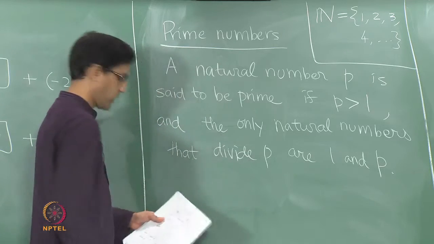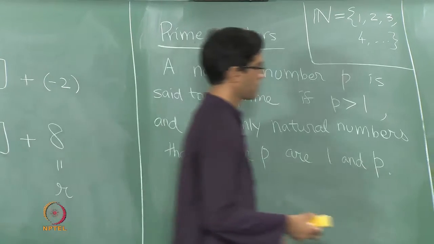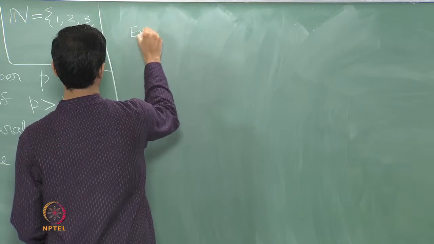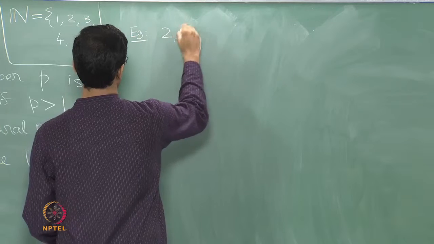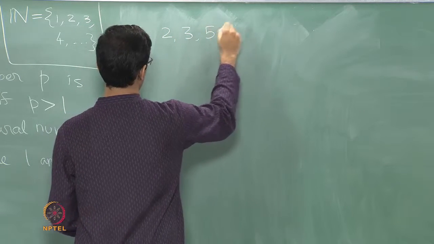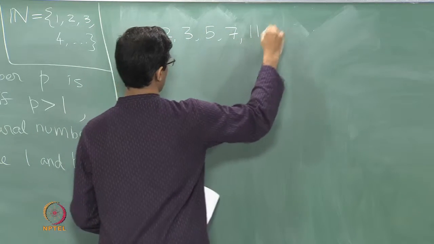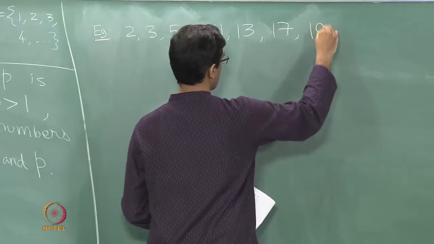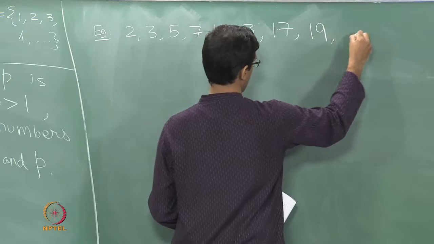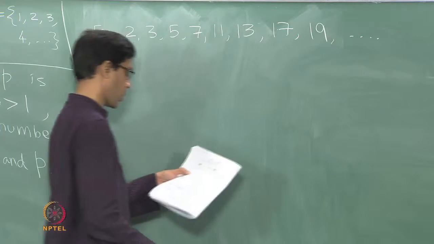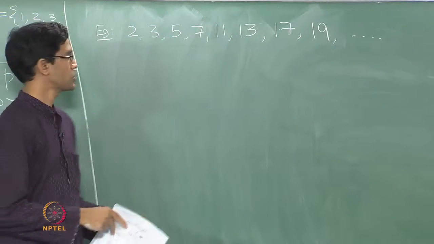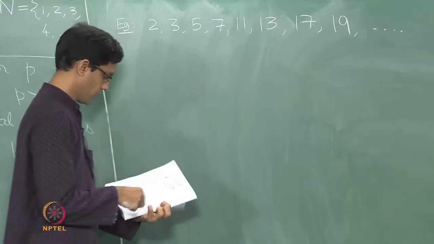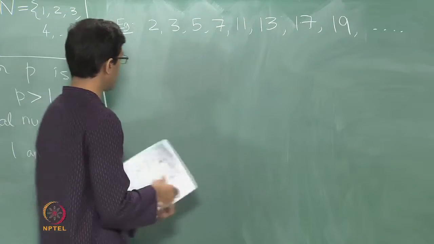Again I assume this must be familiar. So what is the list of prime numbers? Well, at least we can write out the first few. So we have 2, 3, 5, 7, 11, 13, 17, 19, that is the full list of prime numbers until 20, but then the list really goes on. In fact there are infinitely many prime numbers. We will come back to that in a minute.